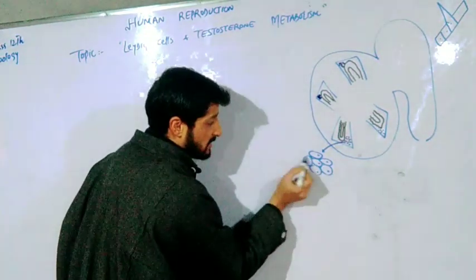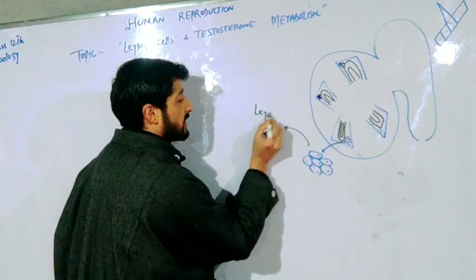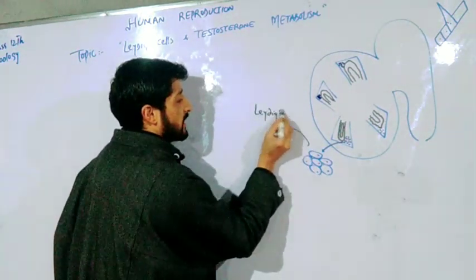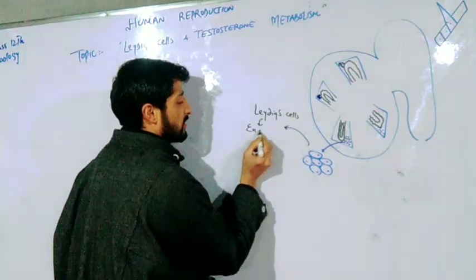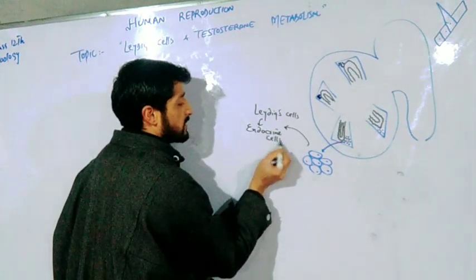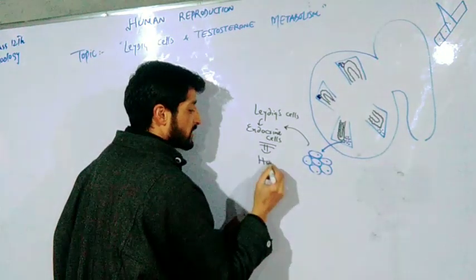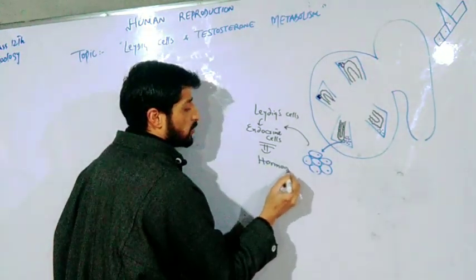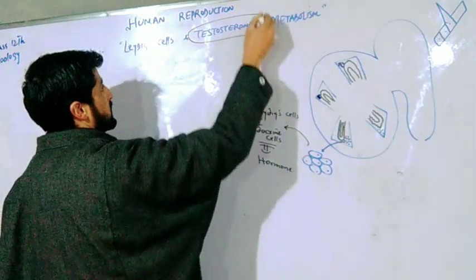These are the Leydig cells, and these Leydig cells are endocrine cells. When I say they are endocrine cells, I mean these cells are responsible for production of hormones, and the special hormone produced by these Leydig cells is testosterone.